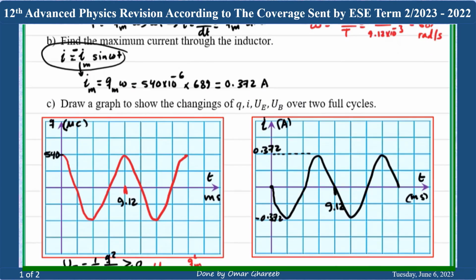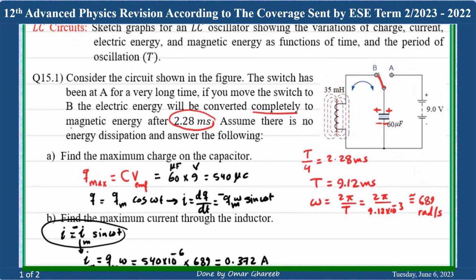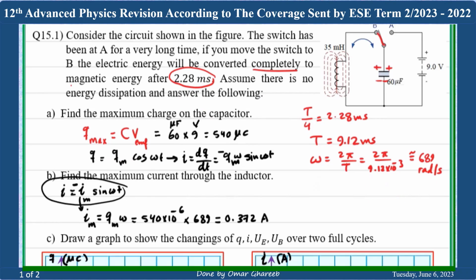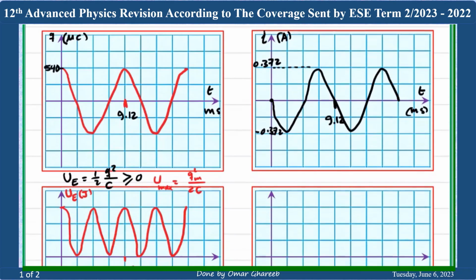If you substitute C and Q maximum, C is 60 microfarad and Q maximum is 540 microcoulomb, we can find the maximum energy as 2.43 times 10 to the minus 3 joule.